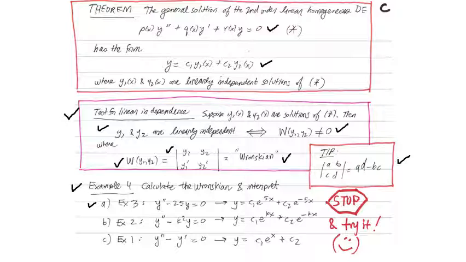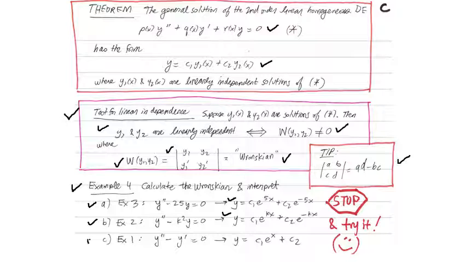In example 3, we had the differential equation y double prime minus 25y equals 0. We said the general solution had that form. More generally, backing up to example 2, we had y double prime minus k squared y equals 0 for our differential equation, and we said that differential equation had that form.